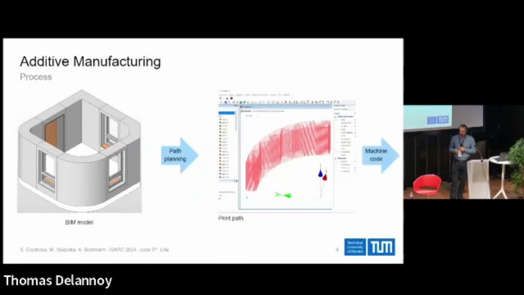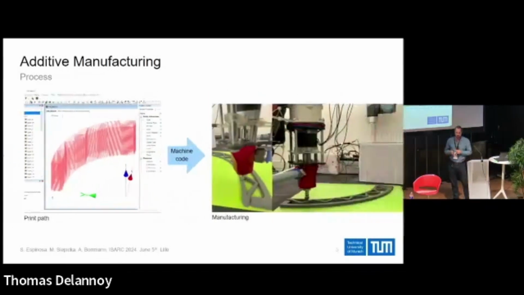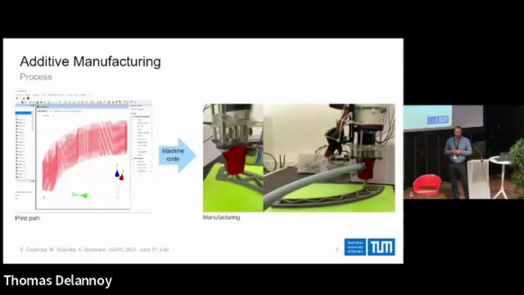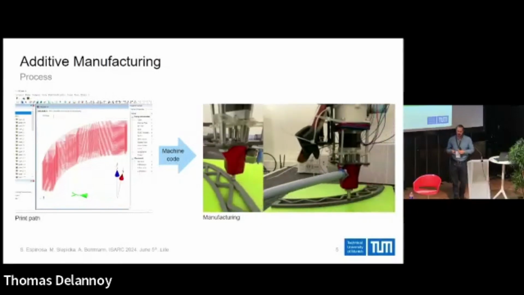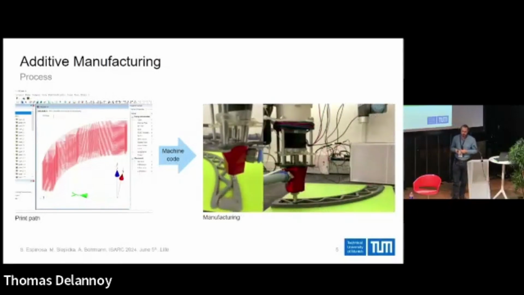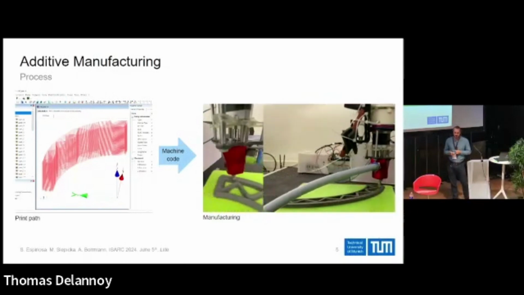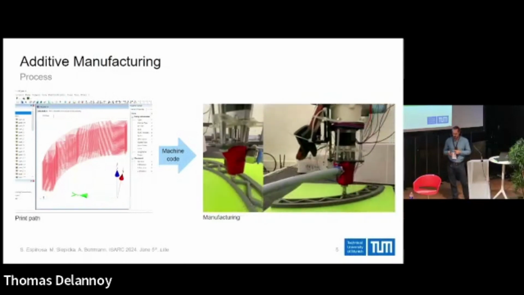And we also implemented a way to directly use the FIM model for the printing process. You can see here a small scale clay print that's using this data structure.